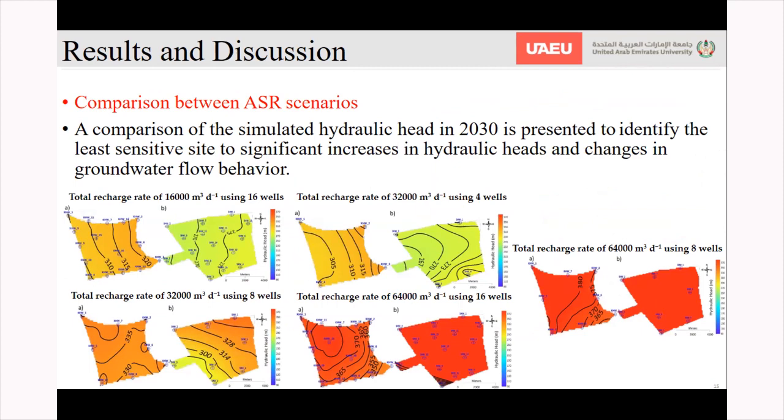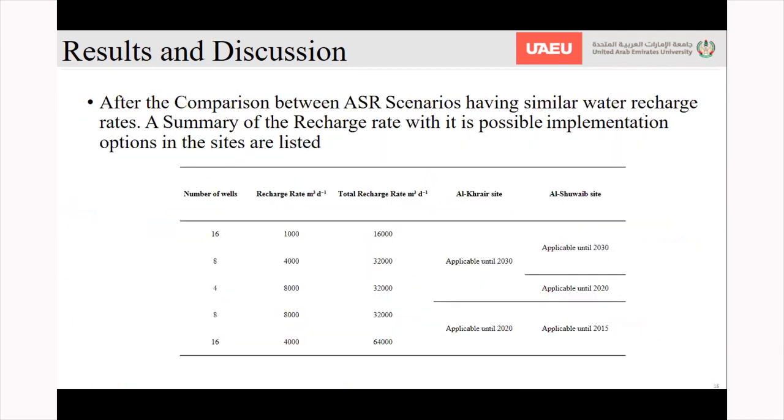We compared the water heads to make sure that we don't have any excess water built up in the aquifer and make sure that we can recover this water in the future. Based on this comparison, we found out that for the Al Kharir site, the first 3 scenarios are applicable until 2030, and the last 2 scenarios, 4 and 5, are applicable only until 2020.